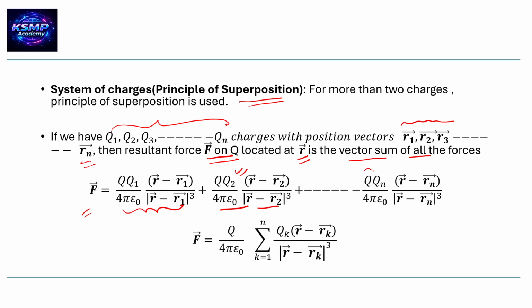And the last term is the force between Q and Qn, where the nth charge is located at Rn. So we can express this in the resultant form, that is this one. So F is Q upon 4 pi epsilon naught summation K from 1 to N Qk. So here K is representing the number of charge. So here value of K is 1 to N. And kth charge is located at the position Rk.